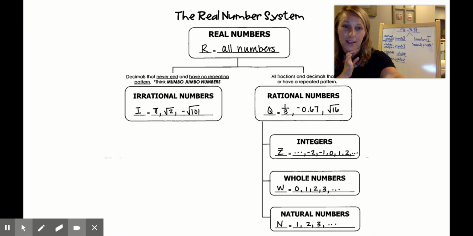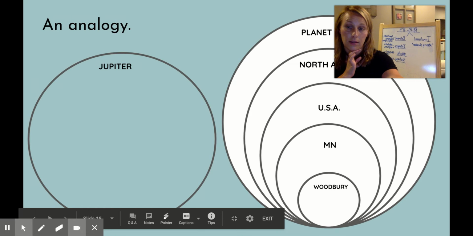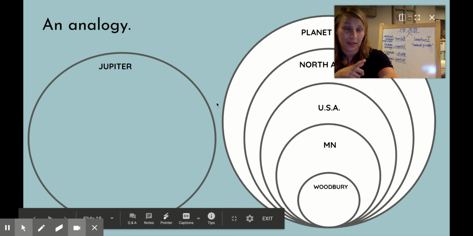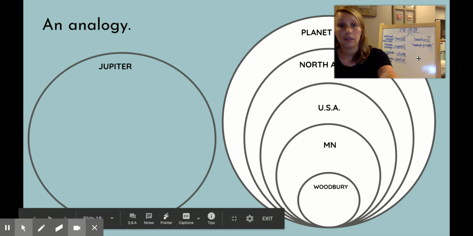So if you think back to this analogy, Woodbury is still a part of planet Earth. Minnesota is still a part of planet Earth. All of these classifications lie within planet Earth, not the other way around. So planet Earth isn't in Woodbury.